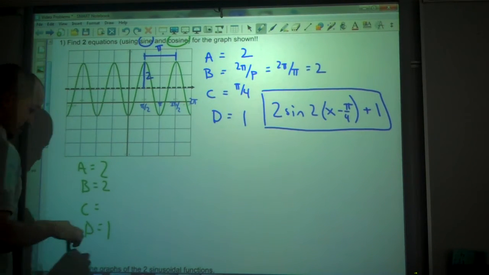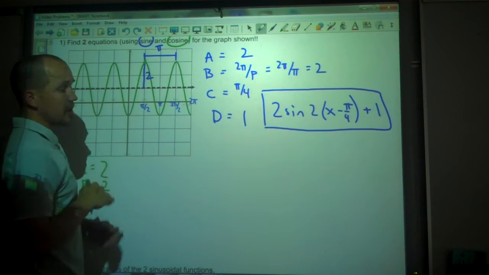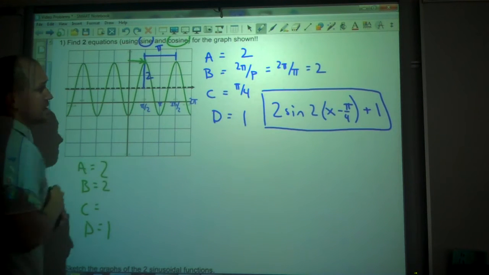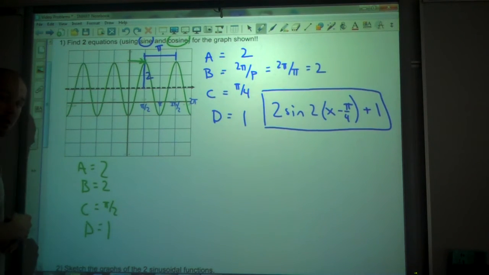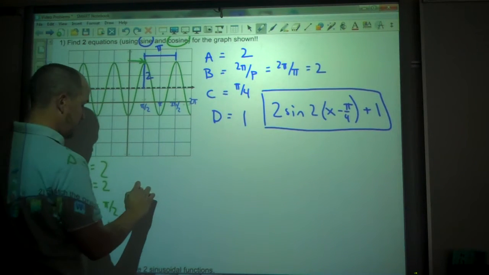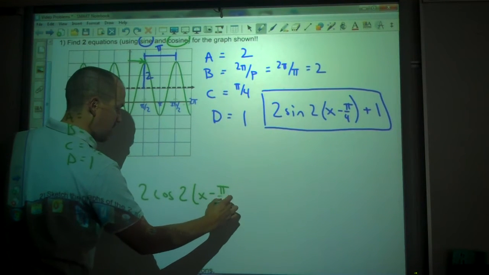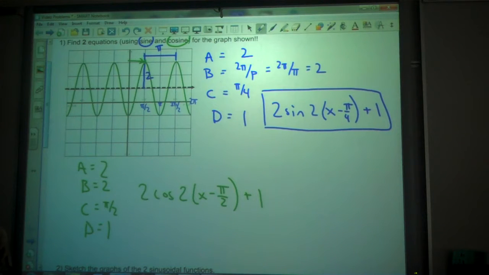Now the only difference here is that a cosine curve starts at its maximum, so now it's shifted to the right that amount. So it's shifted to the right pi over 2. Now using that information, I can write an equation for cosine.